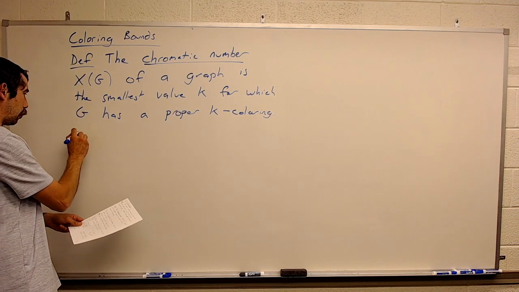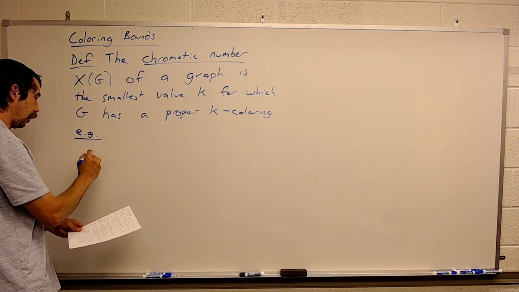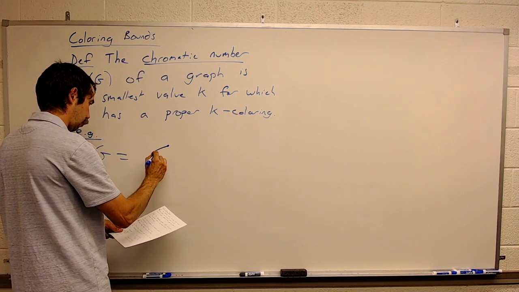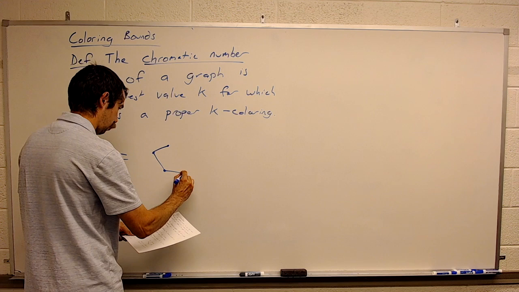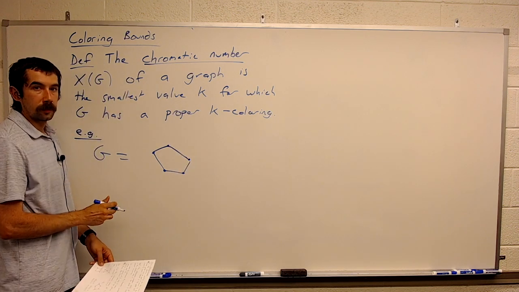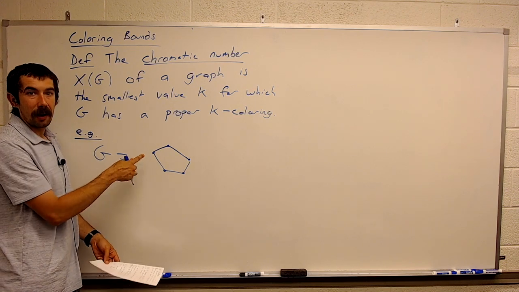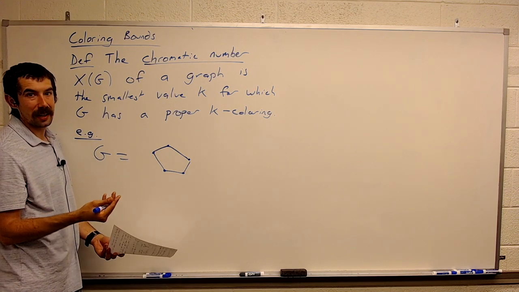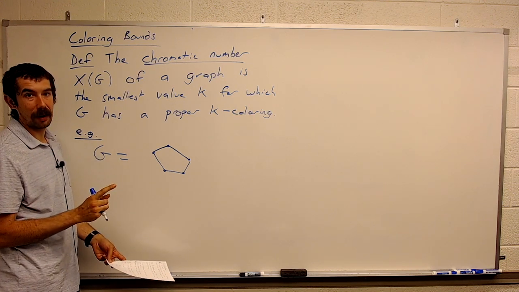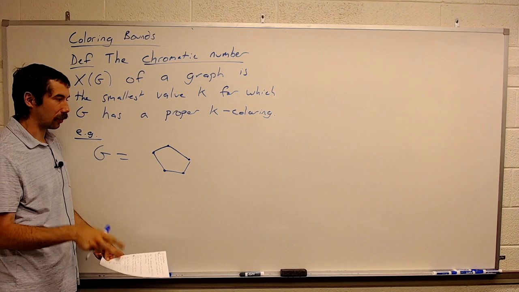Okay, so for example, if G is the 5-cycle, it's obvious that the chromatic number is going to be bigger than 1, right? We definitely need more than one color to color this graph, but maybe we could do it in 2 colors.